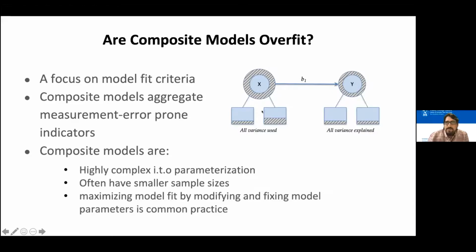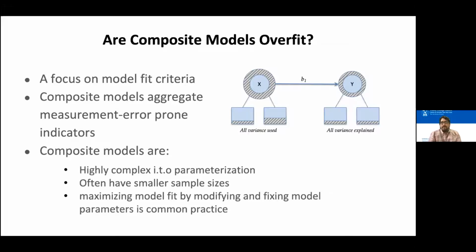And I've said, look, there's some associated error variance in our indicators, and I've shown that error variance as a striped light gray. Now, what the composite-based modeling techniques do is aggregate not only the signal but the error variance into our composites, such that our composites become measurement error prone.